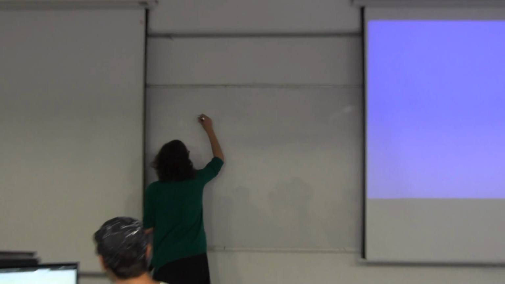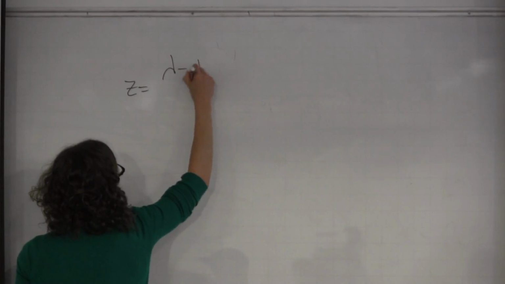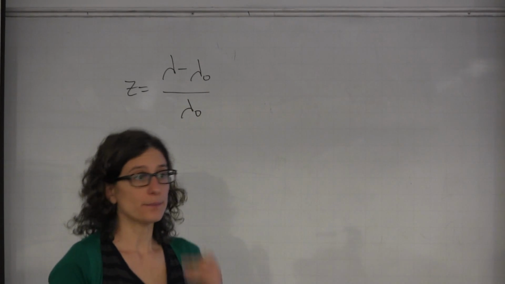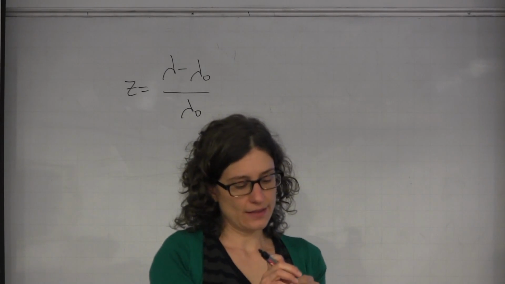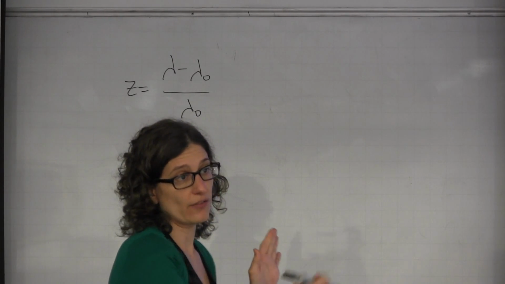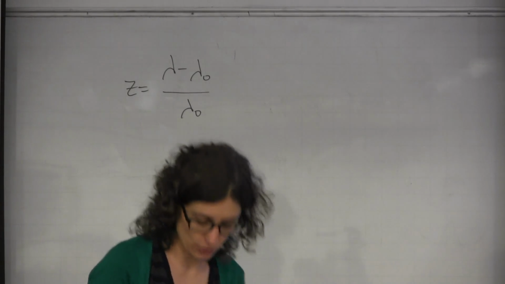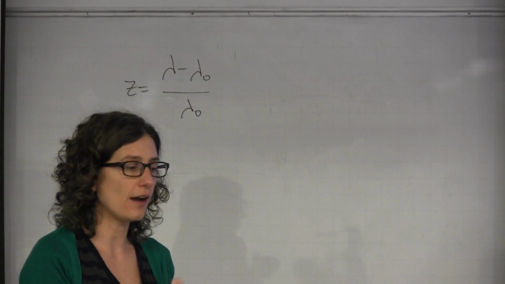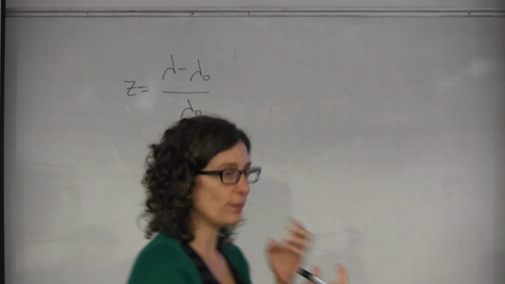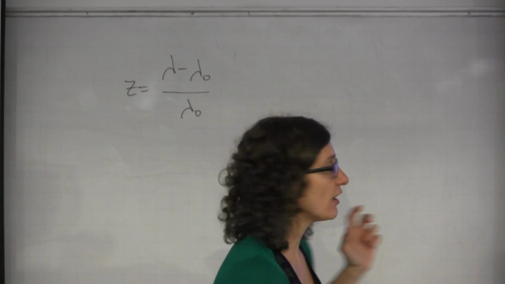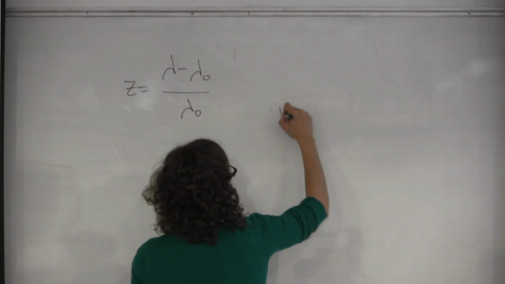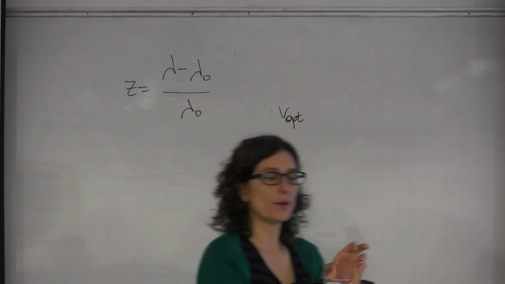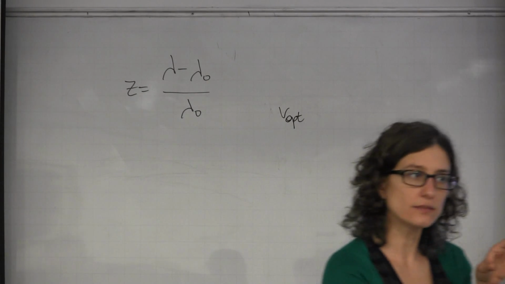When they define the redshift, they define it this way. It's basically a comparison in wavelength. So when you bin in lambdas, the corresponding optical velocity would have equal size in velocity.